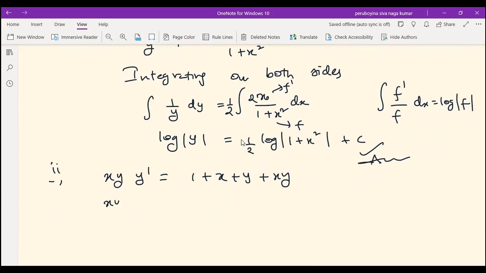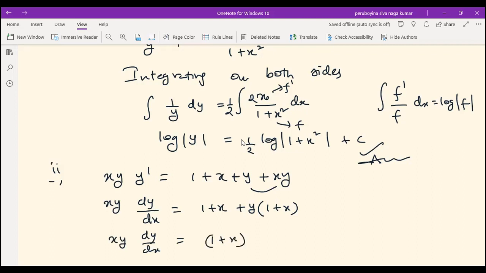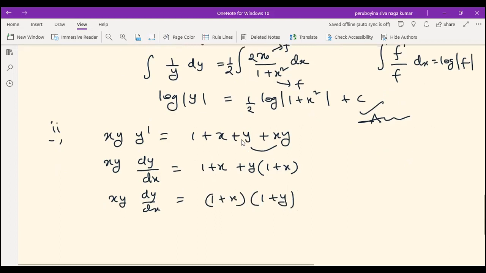So write down xy, y dash as dy by dx. Y dash means dy by dx. In these two terms, take y as a common factor, 1 plus x. So xy into dy by dx is equal to 1 plus x is a common factor again, so you can write 1 plus y.